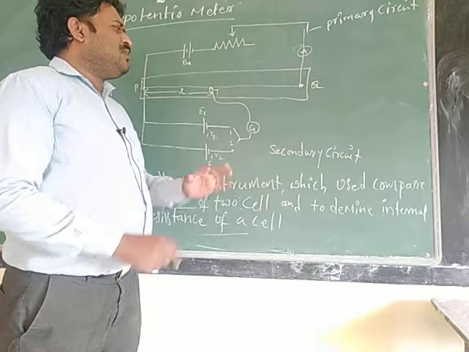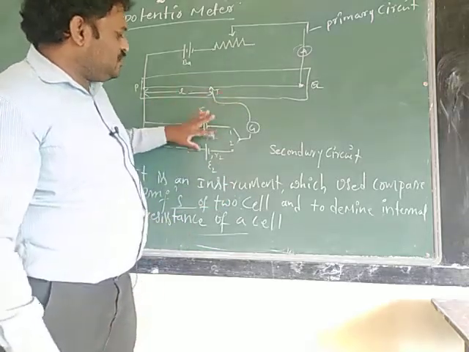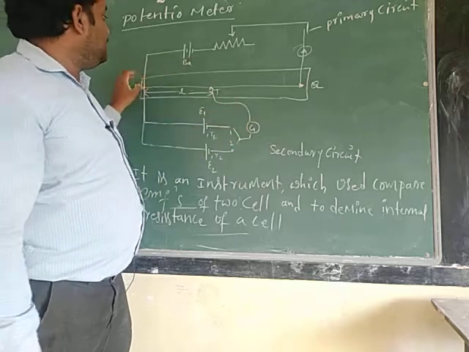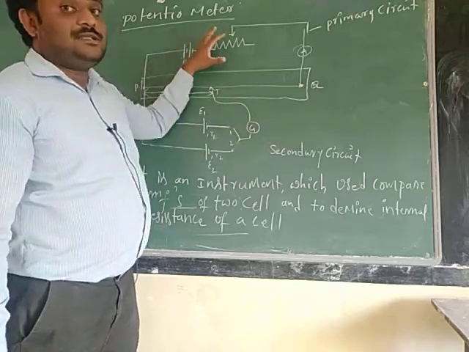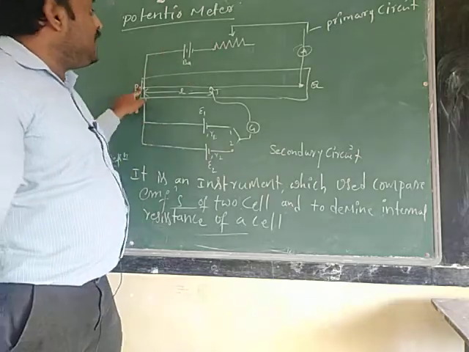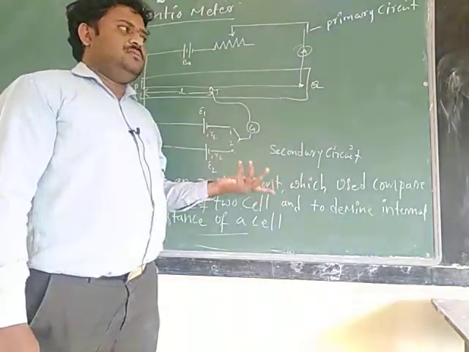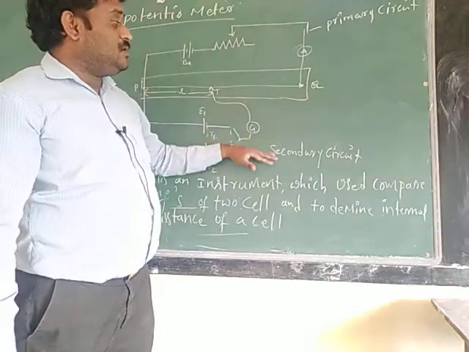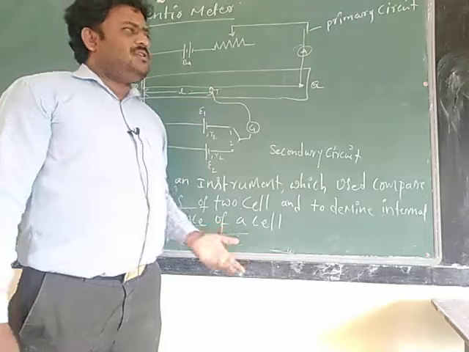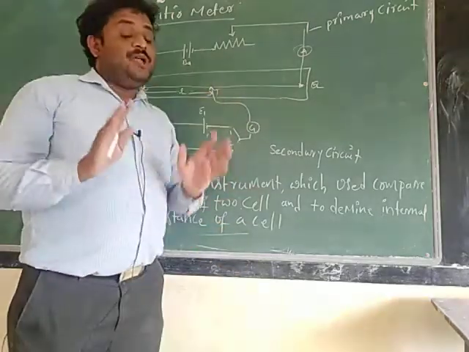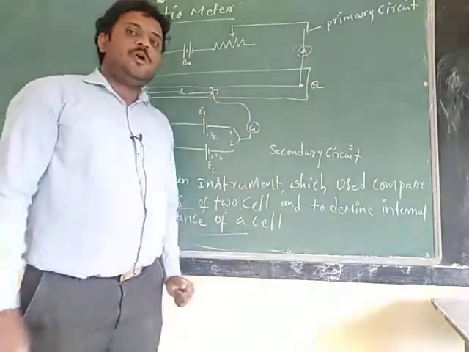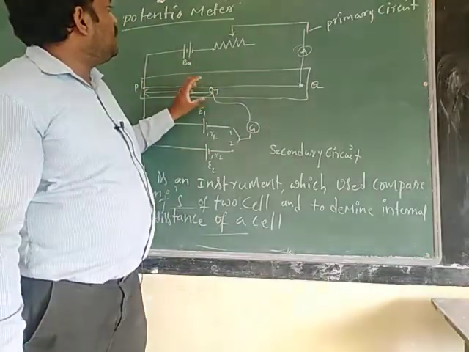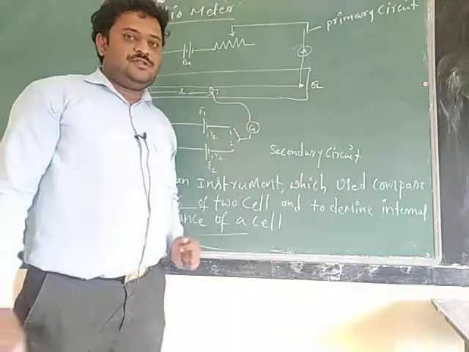Usually in textbooks, they may give the secondary circuit above the PQ, and sometimes the primary circuit is below the PQ. So whether the primary circuit is upper or the secondary circuit is lower, it doesn't matter, so the construction will be the same and the working will be the same. Okay, so this is the simple circuit for the potentiometer.